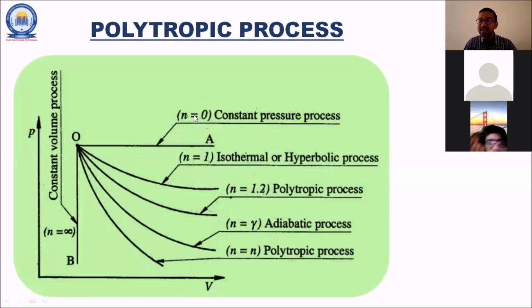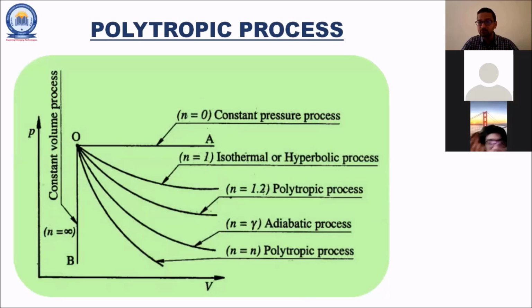If I am substituting N is equal to infinity, the term raised to infinity will be a constant term. So I will be getting PV raised to infinity is equal to constant. So the term volume is the constant term. So when N is equal to infinity, it is the constant volume process. Again now when N is equal to 1, so PV is equal to constant, that is Boyle's law, and Boyle's law can be applied for the isothermal process.